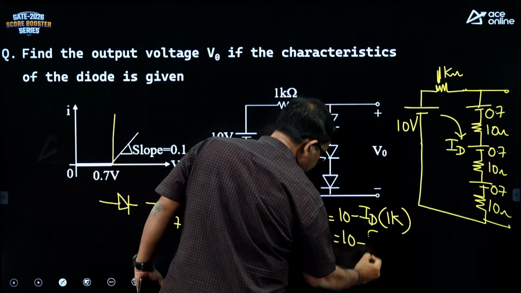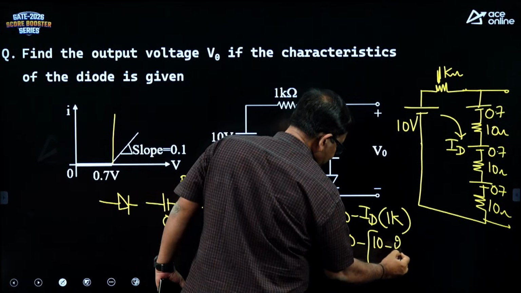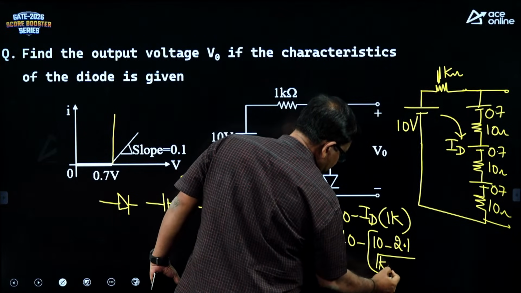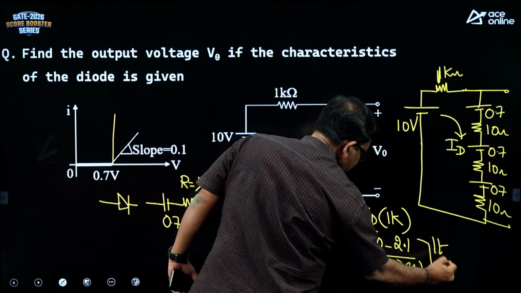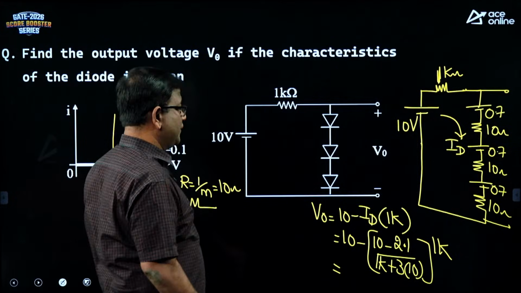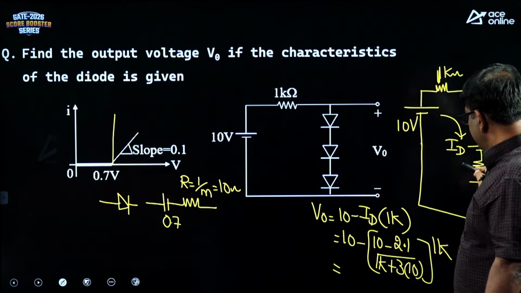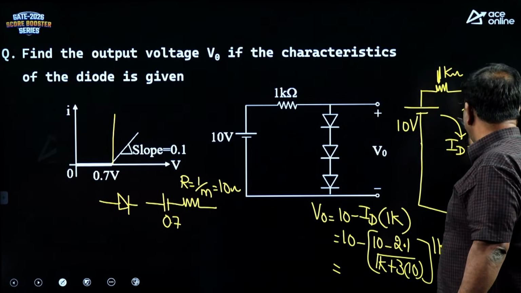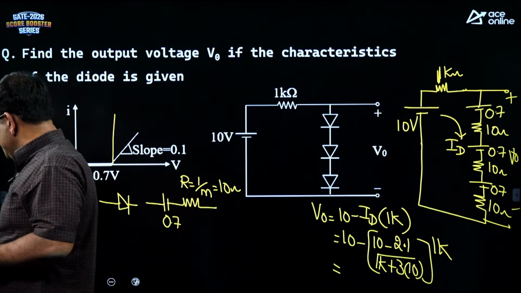So, your ID is 10 minus 2.1 by 1K plus 3 times 10. So, this is the solution. Apply KVL in this loop. You get ID, and your V naught here is going to be 10 minus the drop. So, try to find the solution.